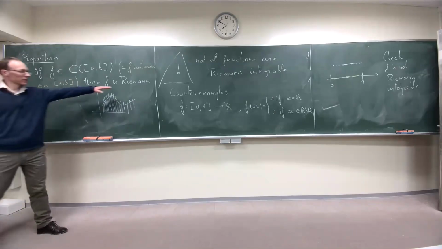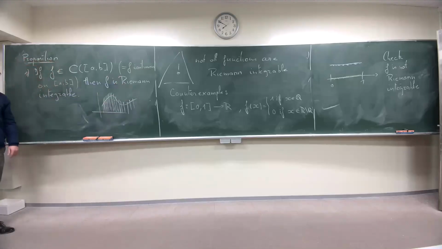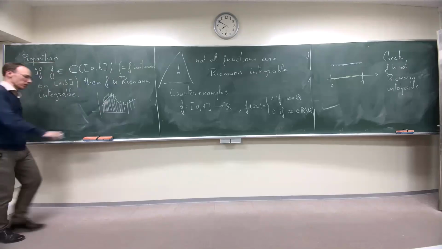And you can guess, not prove, but guess that a continuous function is Riemann integrable. If you want to do it precisely, you have to work a little bit. But this is a standard result. All continuous functions are Riemann integrable.